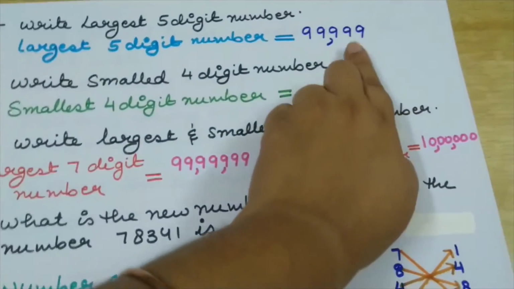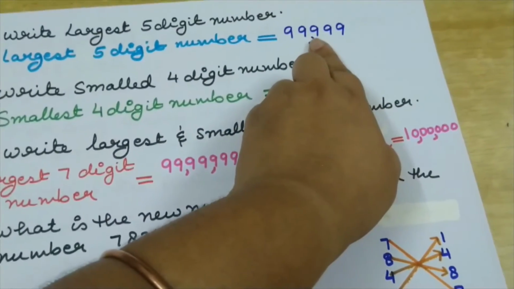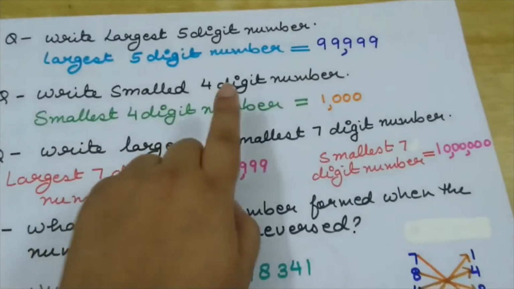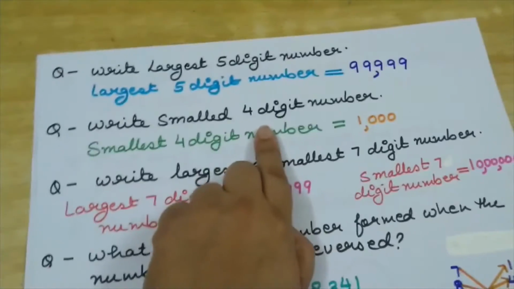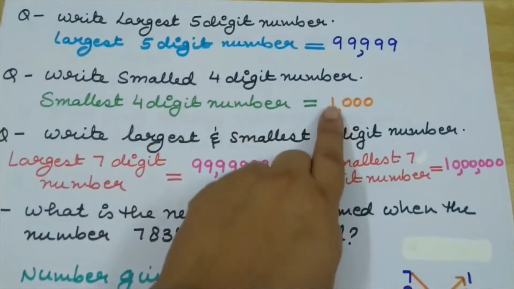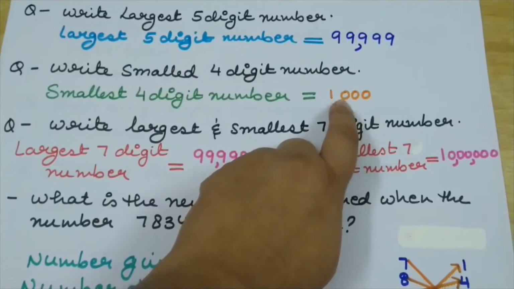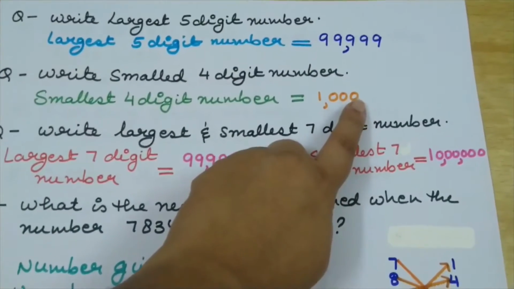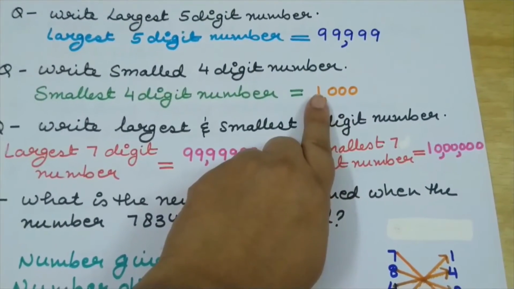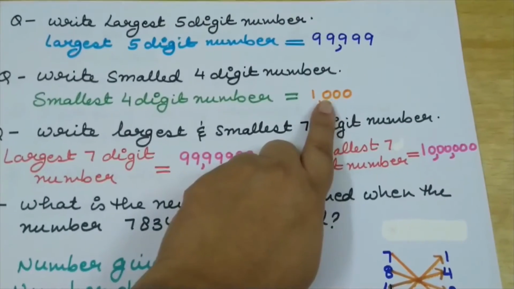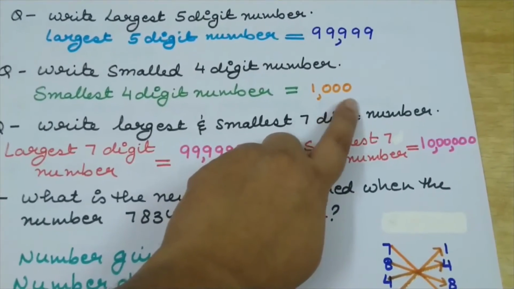If you can see, 1, 2, 3, 4, 5. Now, the smallest 4-digit number. In this, what you will do is the first digit will always be 1 and the rest of the digits will be 0. So if you can see, 1, 2, 3, 4, a 4-digit number, but the smallest. Why? The first digit will be 1 and all the rest will be 0.